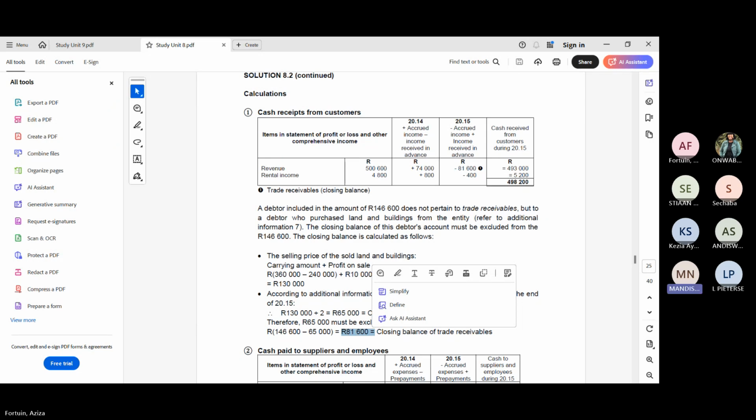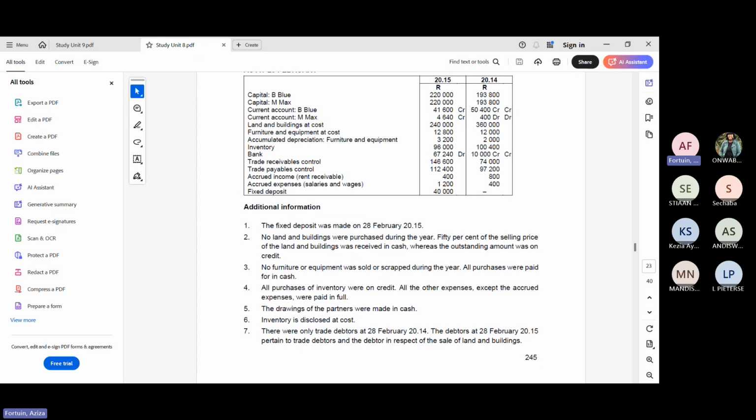And then they mentioned something about the rental income, right? You can see there the 400 is in the 2015 year and the 800 is in the 2014 year. Remember what I said? It's about the liability, income and capital.